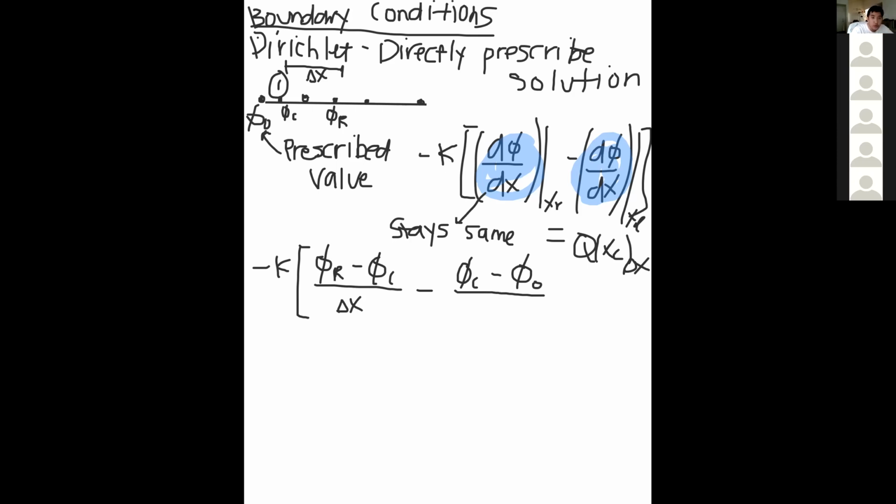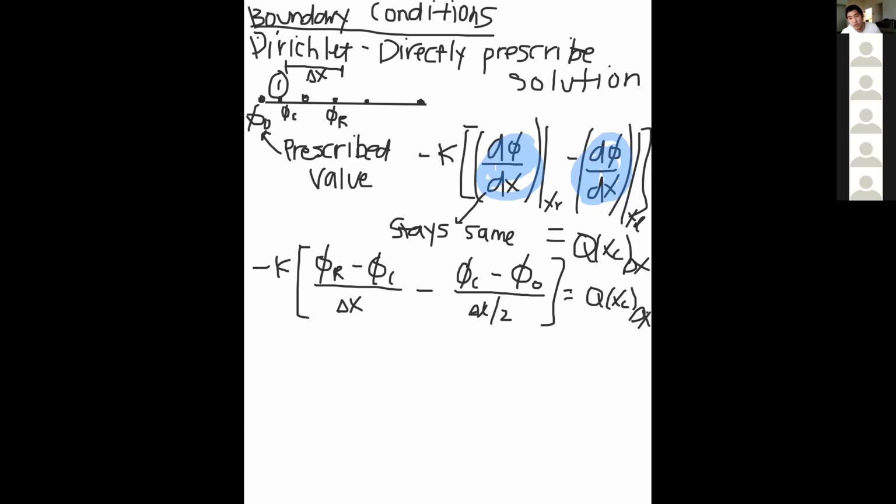And then what we need to do in order to account for the fact that this distance is shorter here is to divide by not delta x, but delta x over 2. Okay? And the right-hand side still stays the same.